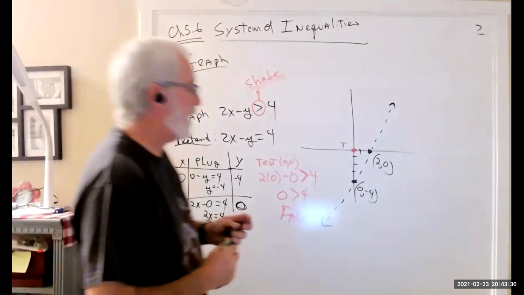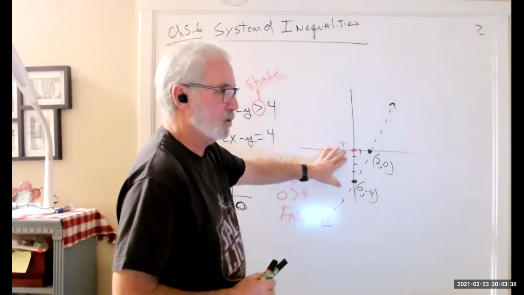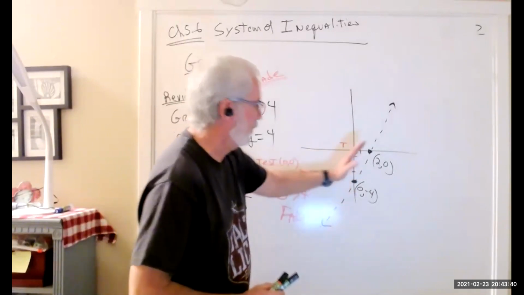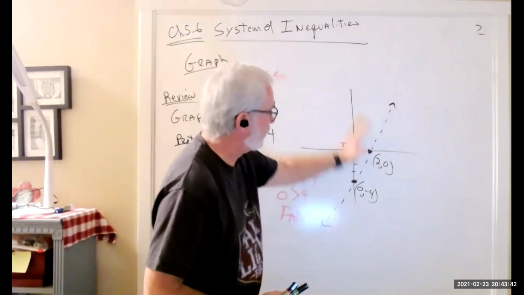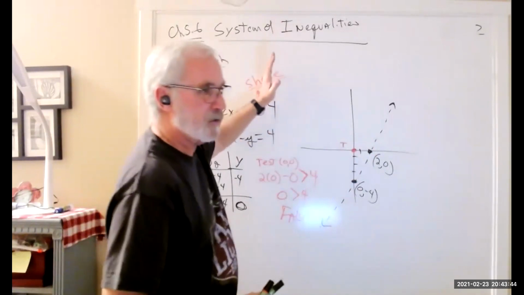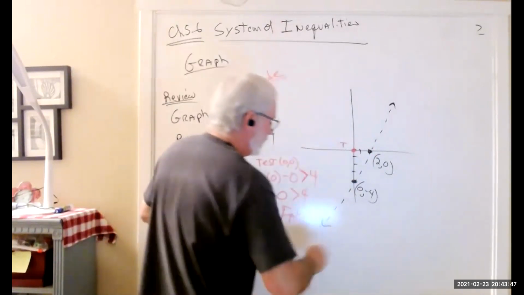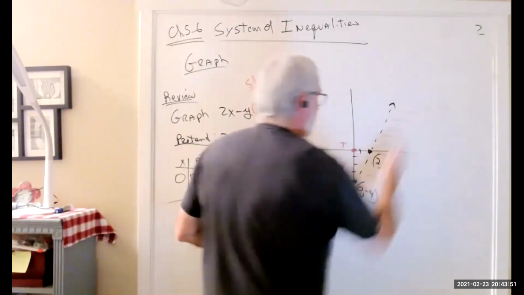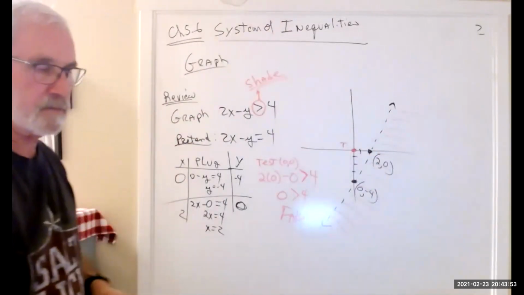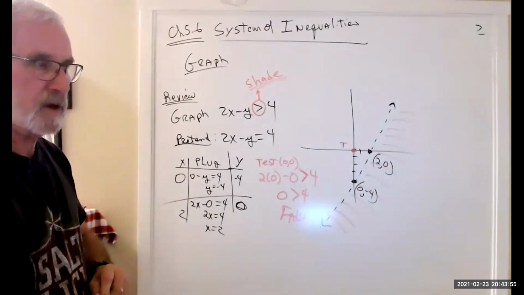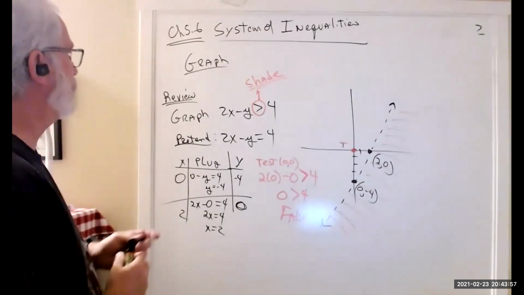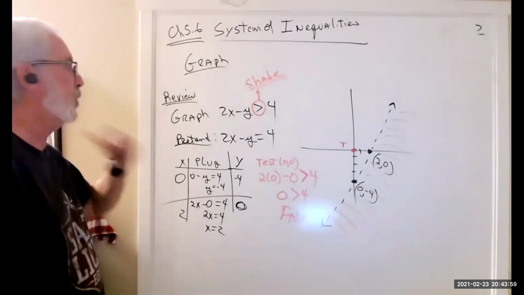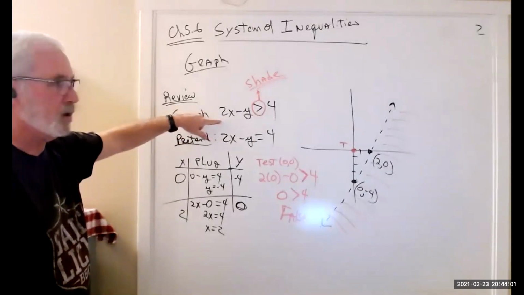So my test point was false. That means everything above the line is false. So I needed to shade below the line, and I'm done. That was it. That's a review from chapter 4, where we graphed an inequality.